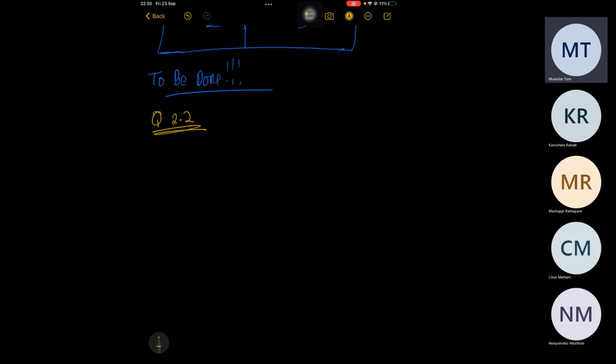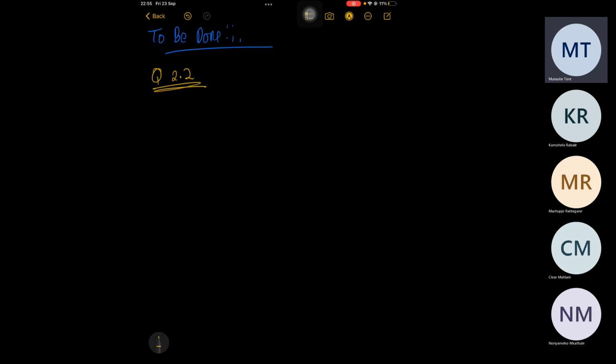So question 2.2 is saying a particular system in space has 5 components. The system must have at least 4 working properly in order for it to gain re-entry into the atmosphere.